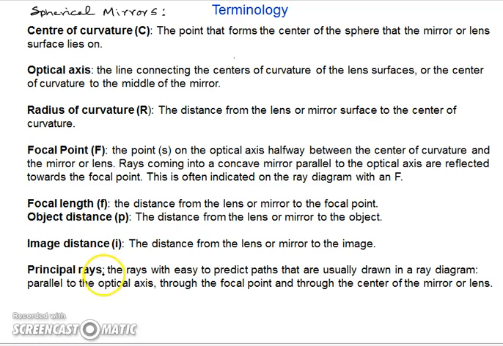These are very important rays, called principal rays, for making image formation using lenses or mirrors. These are the rays with easy to predict paths that are usually drawn in a ray diagram: parallel to the optical axis, through the focal point, and through the center of the mirror or lens. We need to keep all these terminologies in mind, but some of those things will get clearer as we move on to the next part of the lecture.